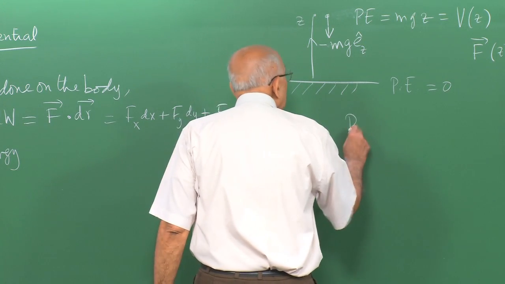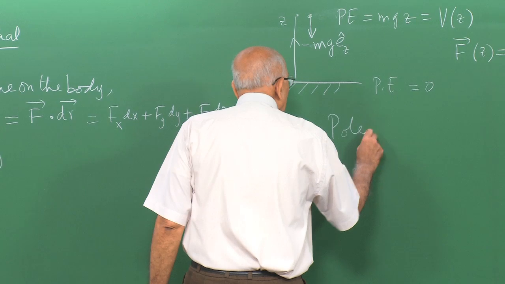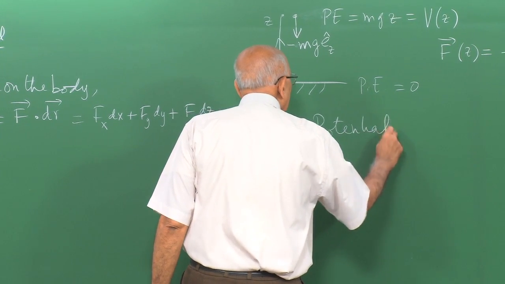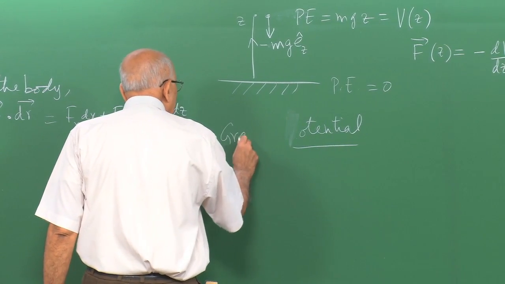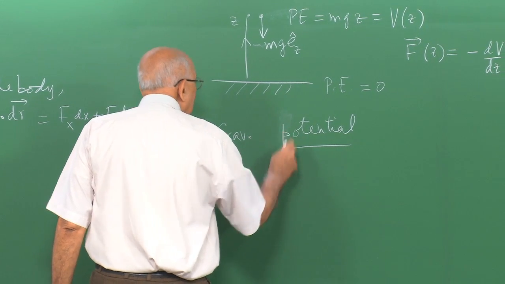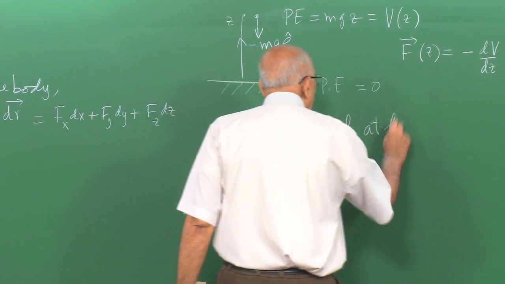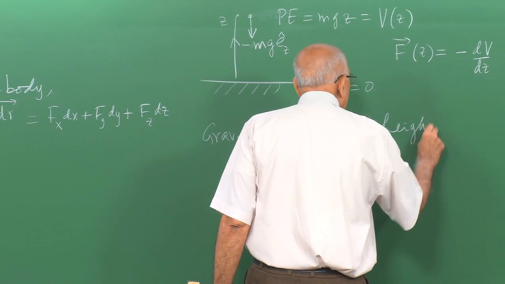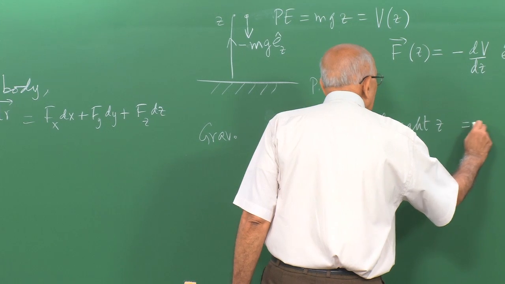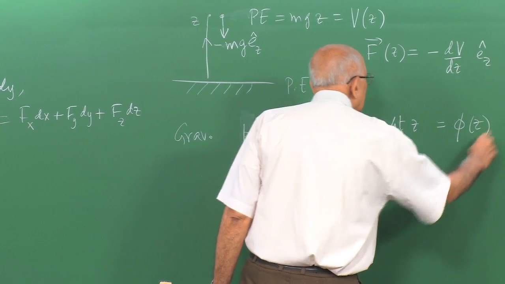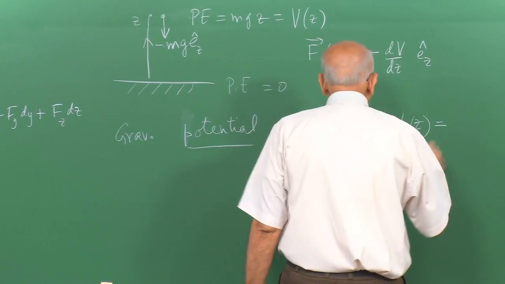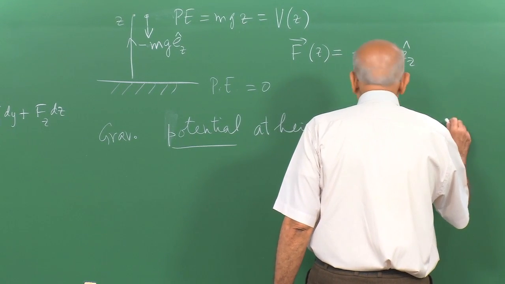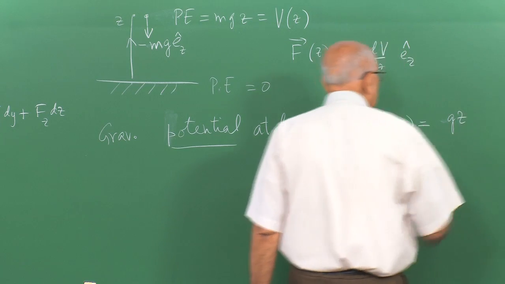So I could define not a potential energy but a gravitational potential, because it's the gravitational force, potential at height z equal to say phi of z, and in this problem this is equal to g times z itself.